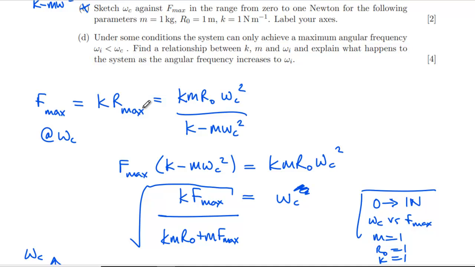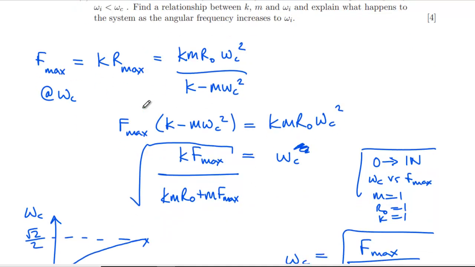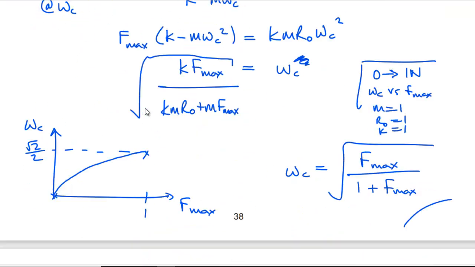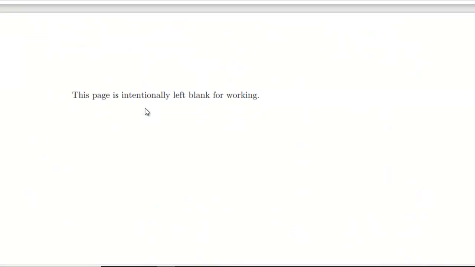Right, okay, so we've got some angular frequency. So what happens then? As it gets quicker and quicker, if it starts off at rest, we want to find a relationship between K M and omega I, and explain what happens.